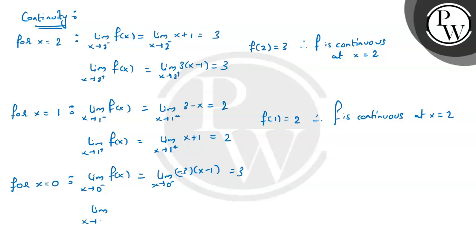To the right of 0, so x tends to 0 plus, the function is 3 minus x. So here we have the limit as x tends to 0 plus of 3 minus x, which again gives the limiting value 3. And here also f(0) is actually equal to 3. So therefore f is continuous at x equals 0.